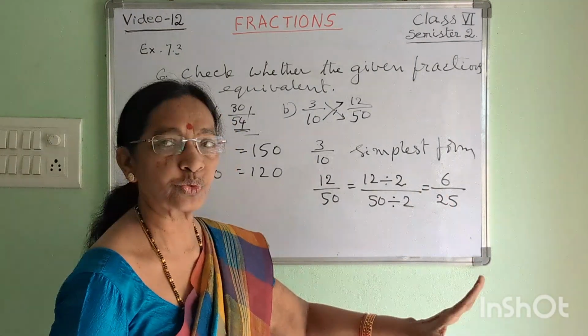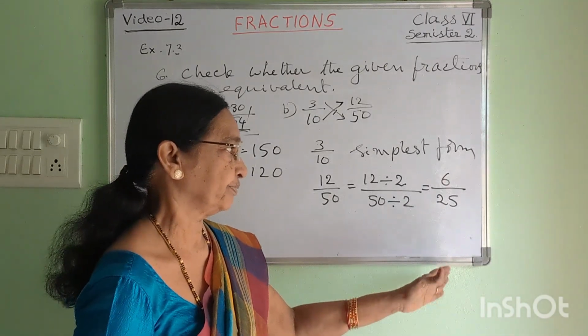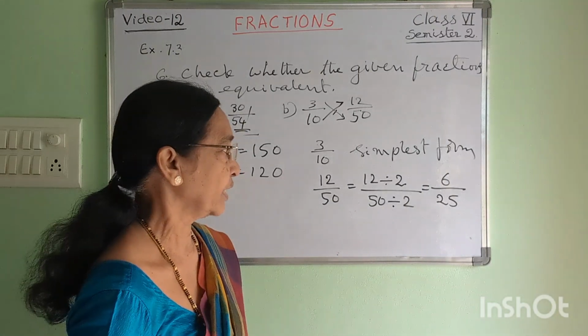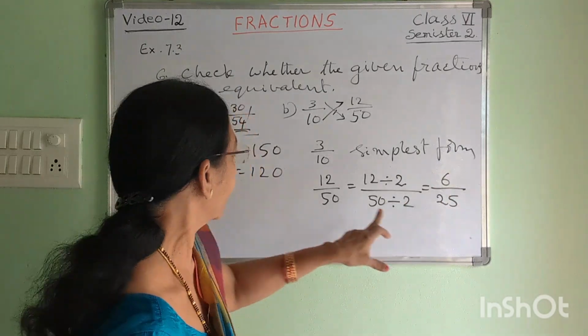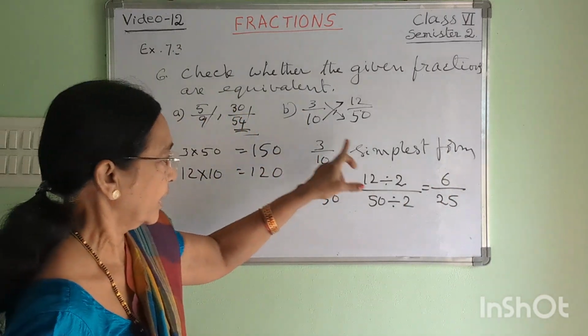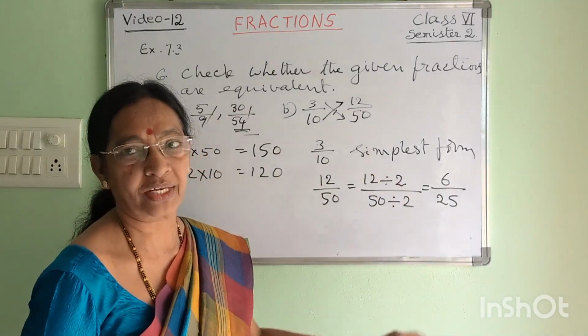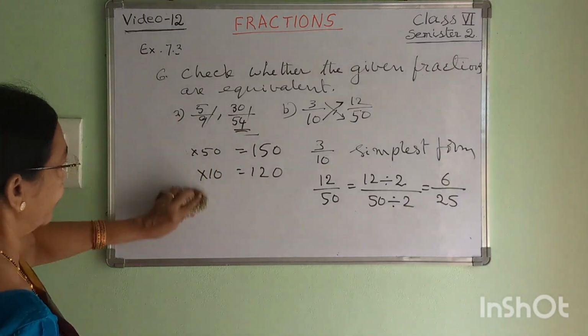Factors of 6 are 2, 3, 6. For 25, 5. So 1 is the only common factor. Therefore, this is in the simplest form. Therefore, the first is 3 by 10 and the second is 6 by 25. Therefore, these two fractions are not equivalent. Then we will go to the 7th problem.